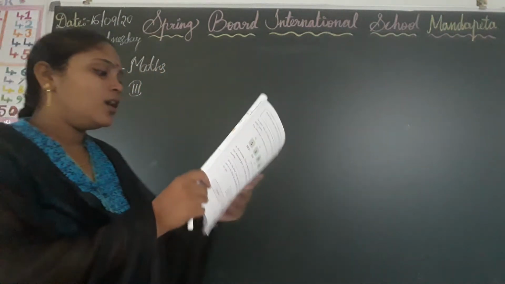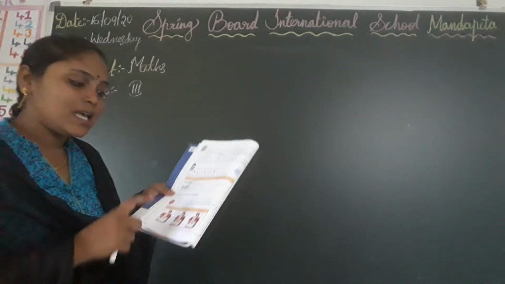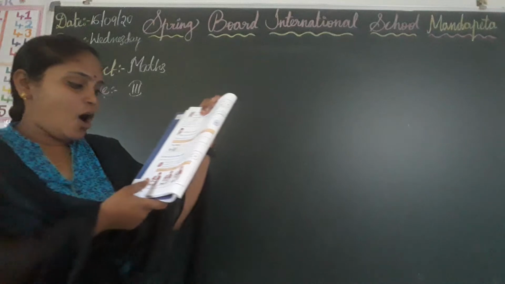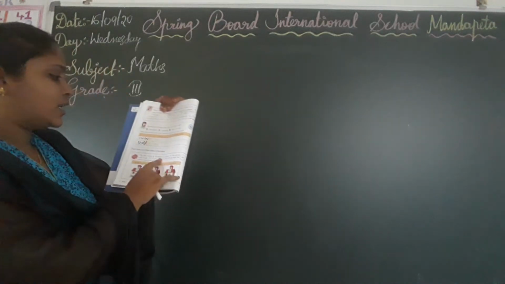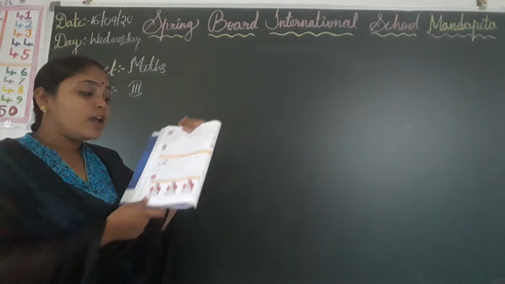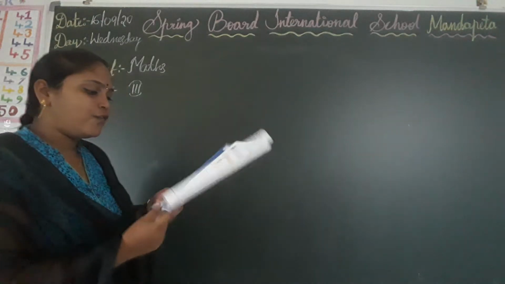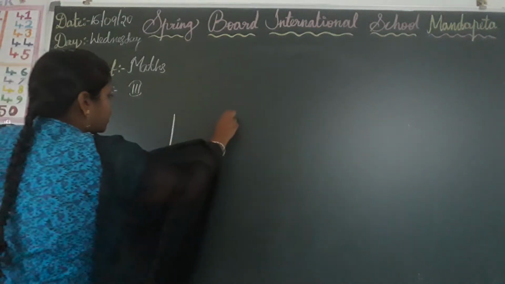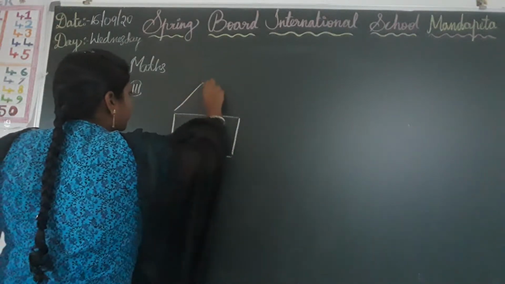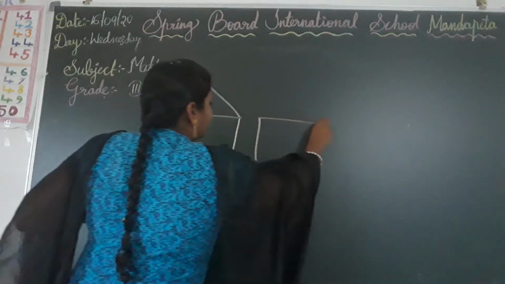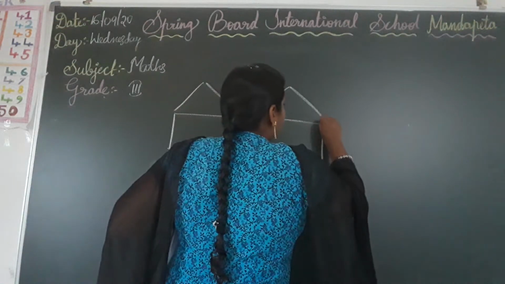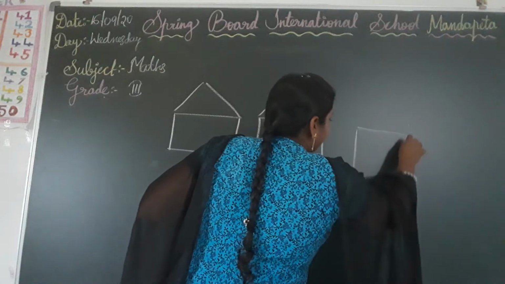So here 3 houses are given: hundreds, tens and ones. The face values are given on the roof of each house. So this is the first house, this is the second house, and this is the third house.